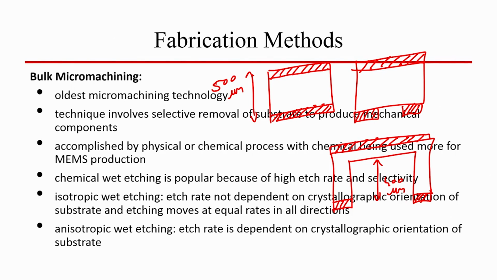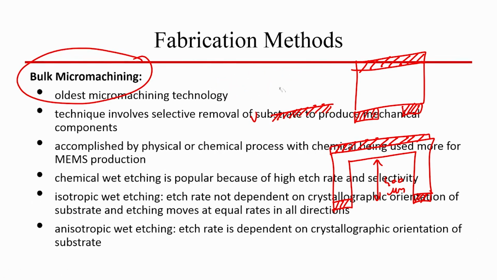So, I have machined it at a micron scale, right, such that I have removed 400 microns out of 500 microns. So, a bulk part of it is removed, is etched or is machined, and that is why it is called bulk micro machining. You see, bulk micro machining, right. So, this is an example of bulk micro machining, and it is the oldest micro machining technology.